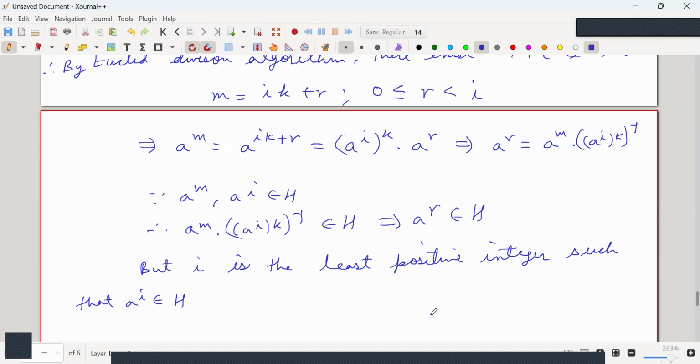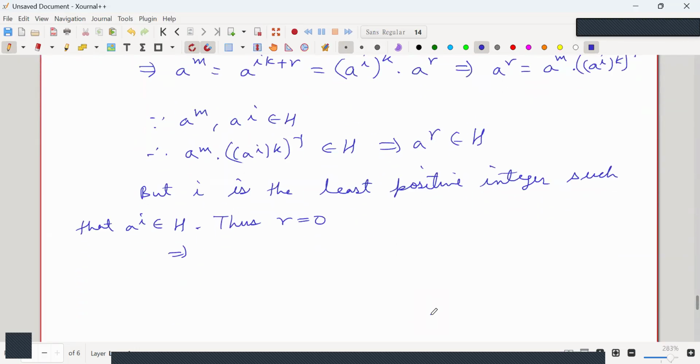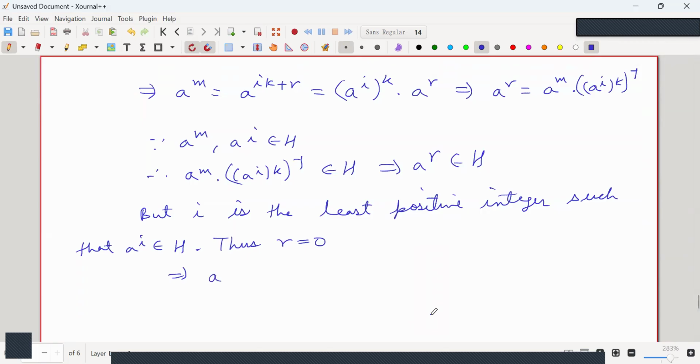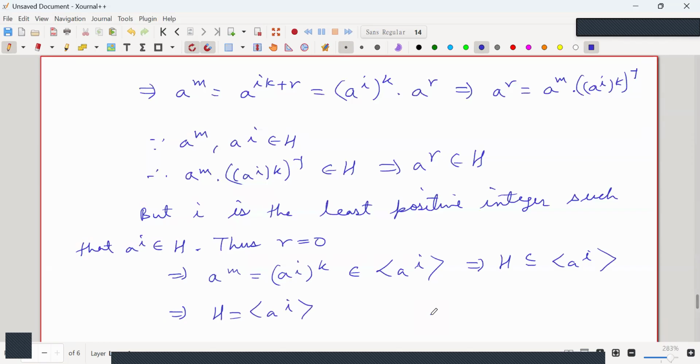Thus, r has to be 0, which implies a^m is just a^i raised to k, and that means this is inside the subgroup generated by a^i, which implies H is inside the subgroup generated by a^i, hence they have to be the same. So H is also cyclic.